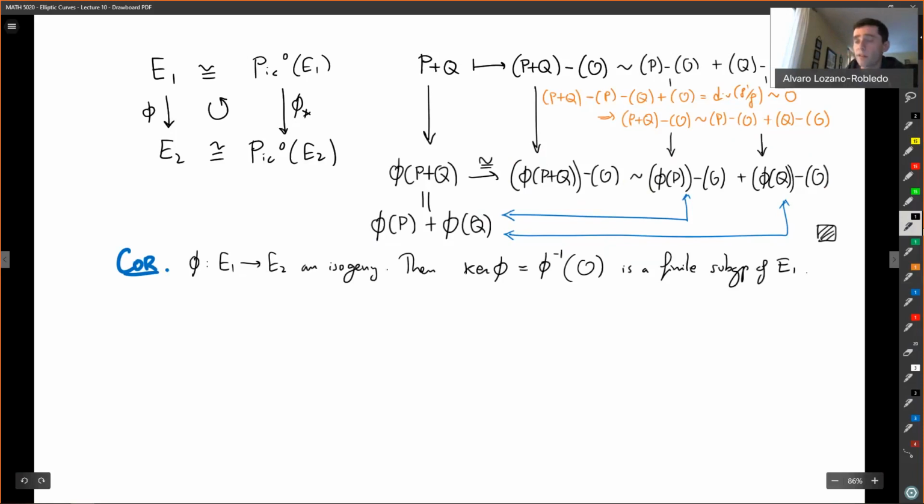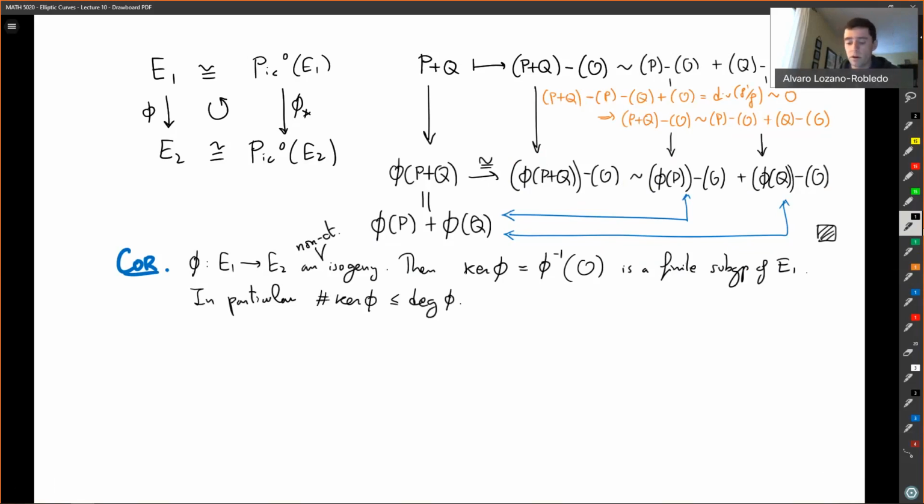Let's say that this is a non-constant isogeny. And in particular, the size of the kernel is less or equal to the degree of phi. We will actually see that it's equal in a moment.